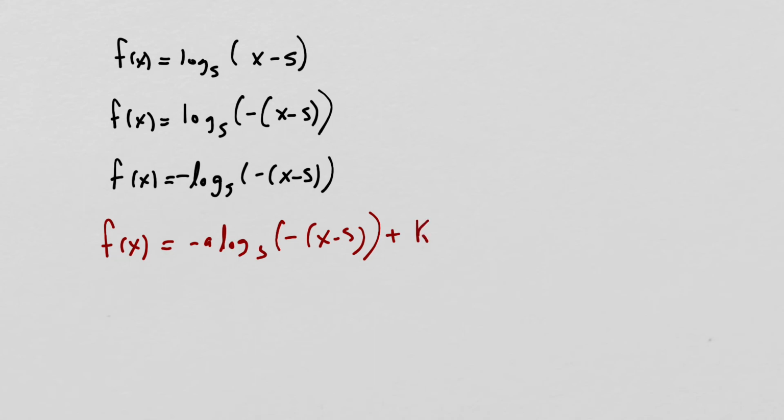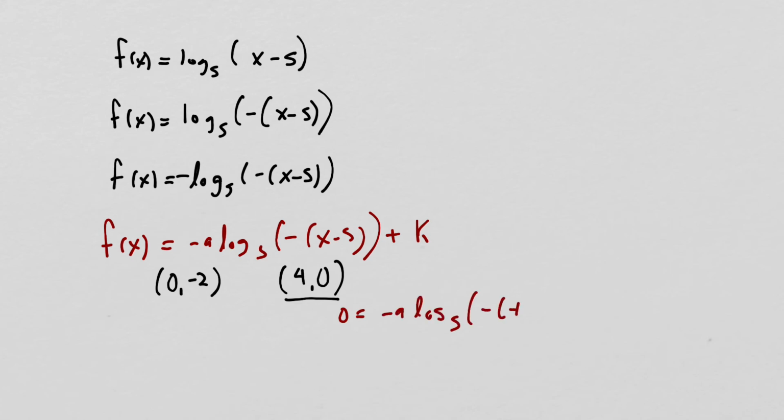Now plugging in the two points we're given, again we have (0, -2), and the other point that we were given was the point (4, 0). Plugging in our x-intercept here, we'll get that 0 is equal to negative a log base 5 of negative (4 minus 5), plus k. 4 minus 5 is -1, so we'll get 0 equals negative a log base 5 of just 1, plus k.